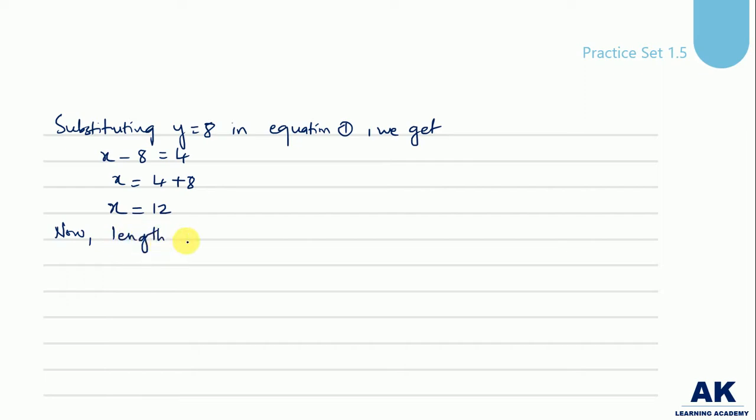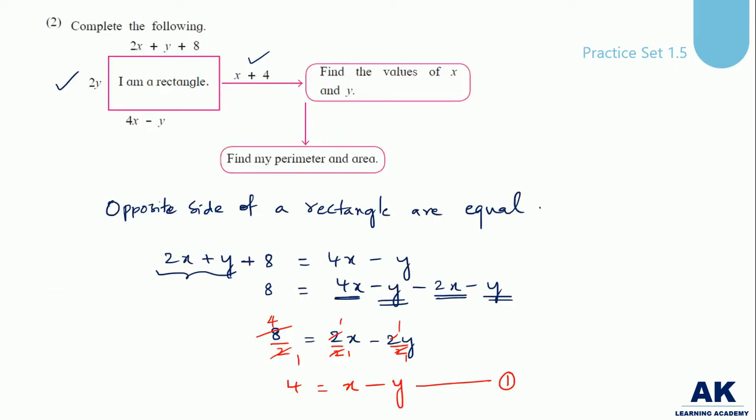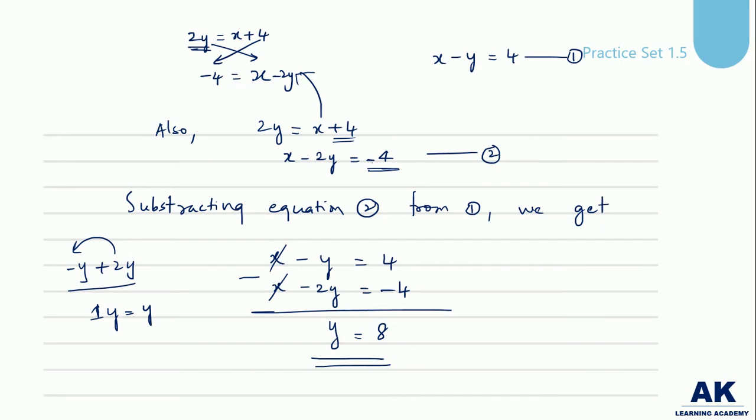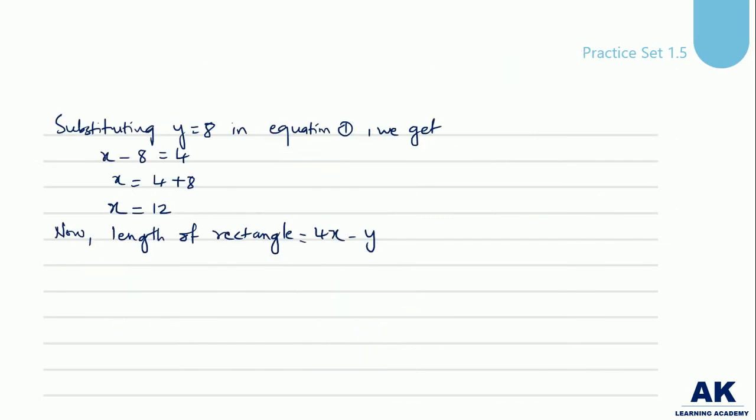So the length of the rectangle is 4x minus y, given here. So 4 into x, which is 12, minus y, which is 8. 4 into 12 is 48. 48 minus 8 is 40. Therefore the length of the rectangle is 40.